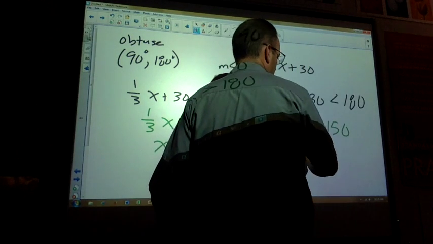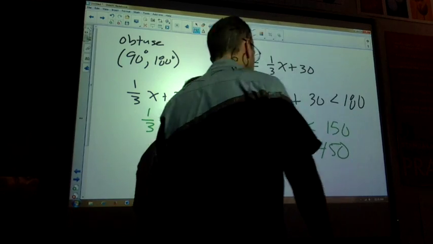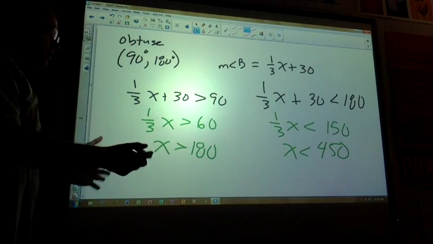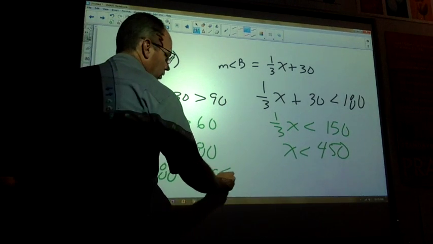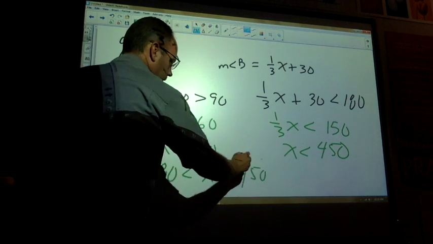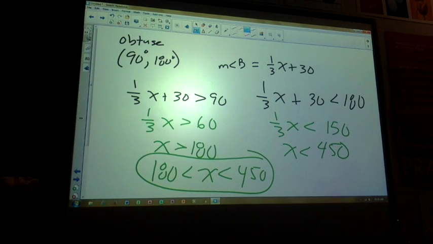Multiply by 3. X is less than 450. So if we were to put these back together, 180 is less than x, which is less than 450. Pick the smaller of the limits, flip the whole thing over so the signs go in accordance with it.